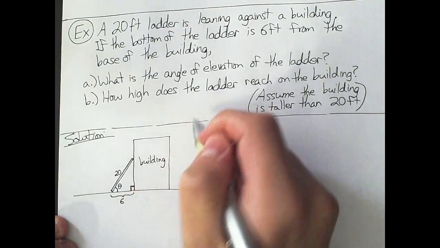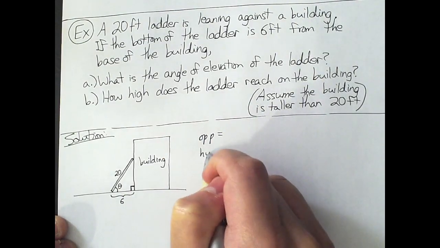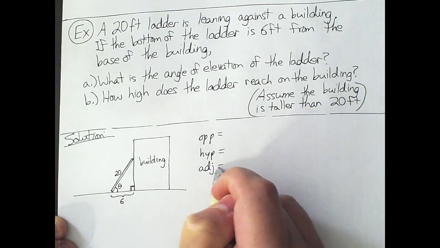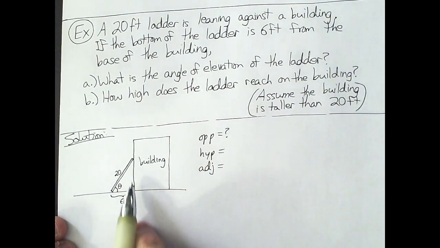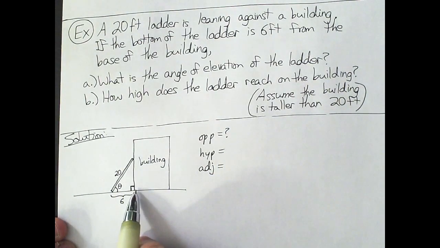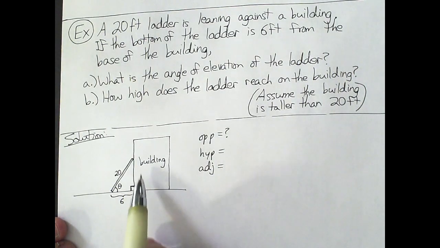Anyway, what do we know? Opposite, hypotenuse, adjacent. Which of these do we know? I think opposite is not given to us. I don't know how high up on the building the top of the ladder touches. I know it's less than 20, but I don't know how high up it is.